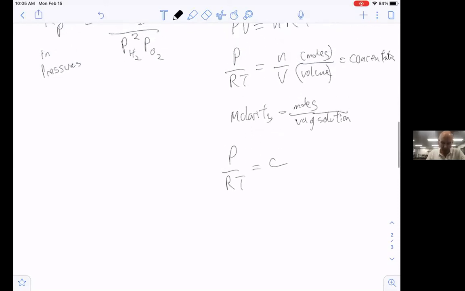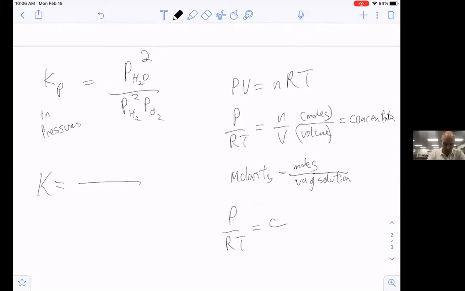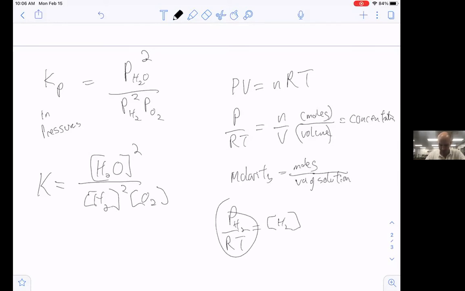So I can relate then, so if I were to take my molarity of each of these, and substitute in, okay, substitute that in.